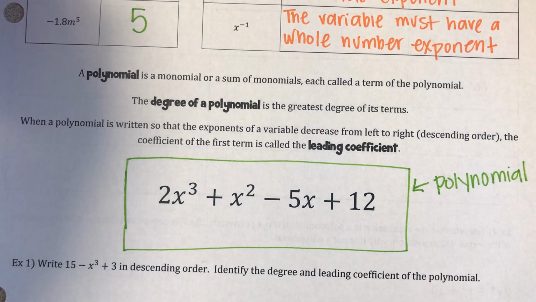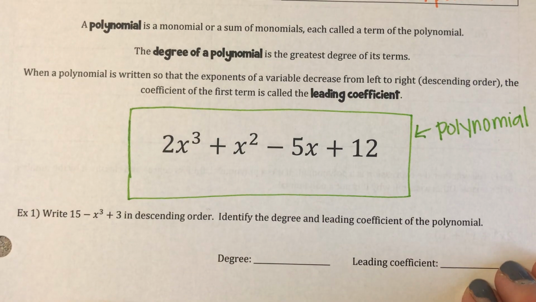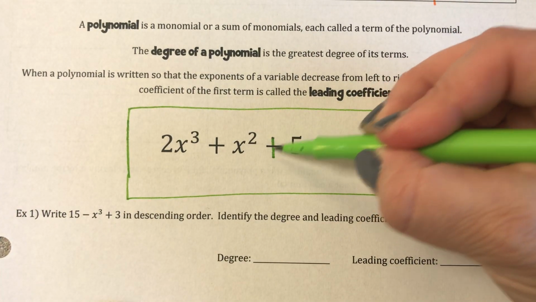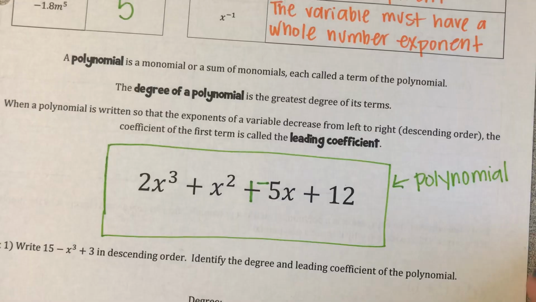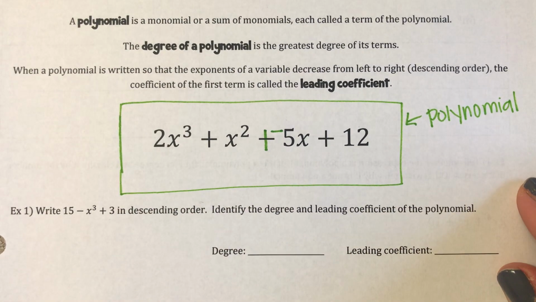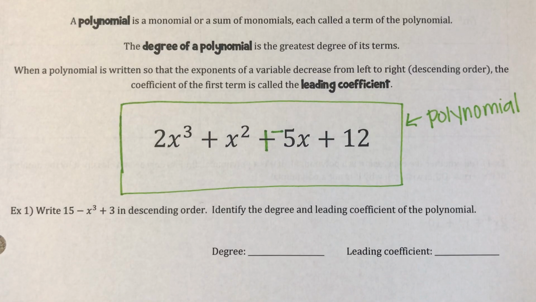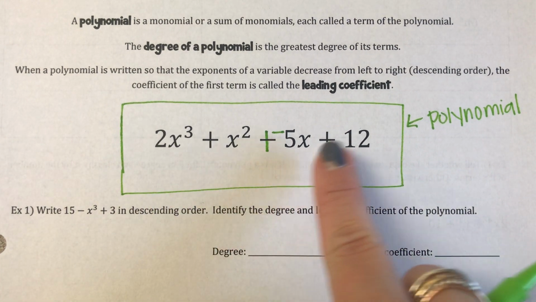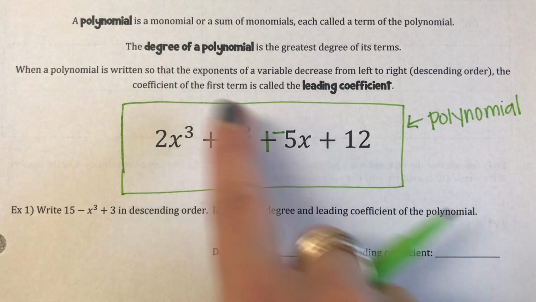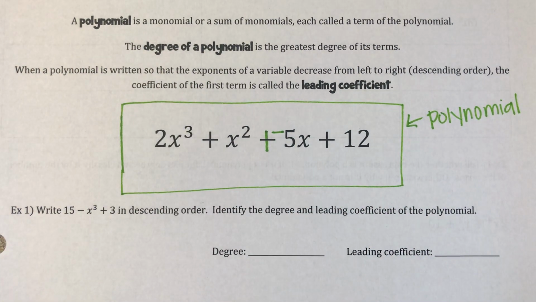And if you were like, but what? There's subtraction, you're not really adding it. Yes, because that's the same as adding a negative. Subtraction is adding the opposite. So this is a polynomial because it is the sum of monomials. We add them together, that makes a polynomial.